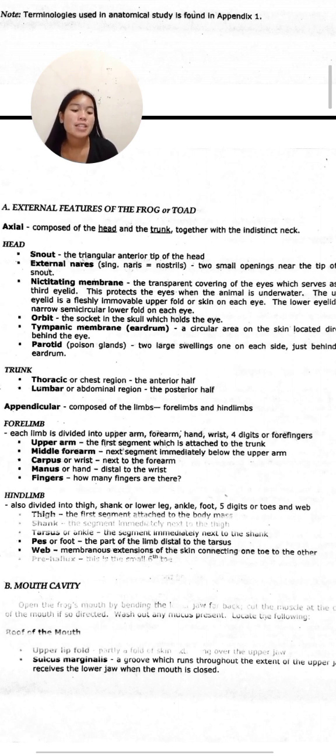The following are the structures found in the external anatomy of the head: snout, nostrils or external nares, nictitating membrane, eyes, and tympanum. Next is snout. The snout is the triangular anterior tip of the head. The snout is the part of the face at the front.